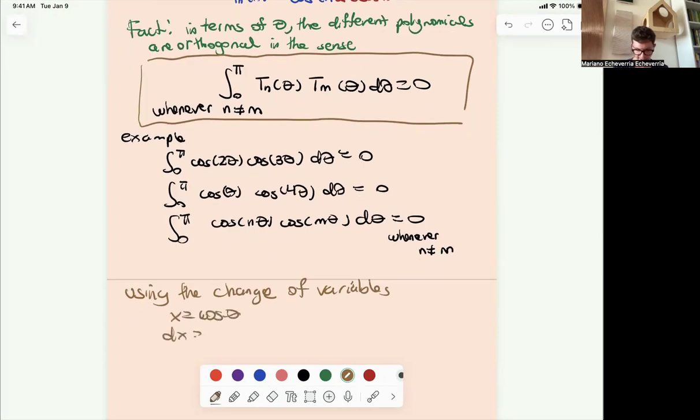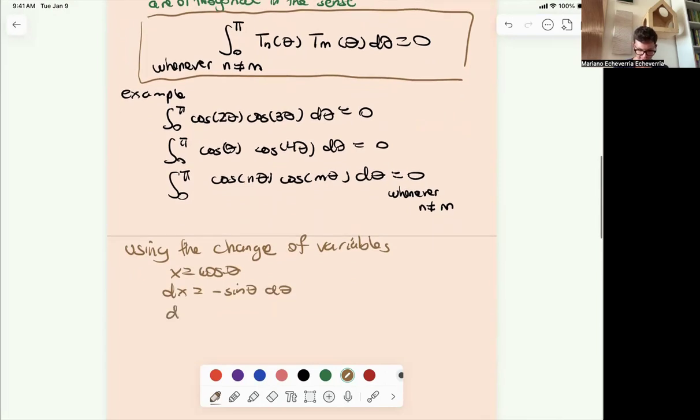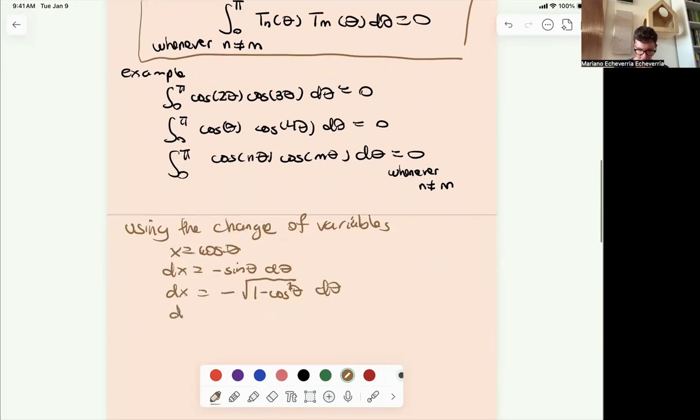So dx is negative sine of theta d theta, and sine is the square root of 1 minus cosine squared of theta. Then that gives you that dx is minus the root of 1 minus x squared d theta.